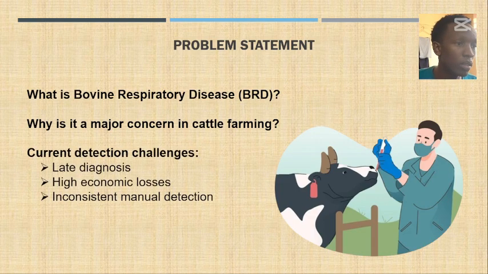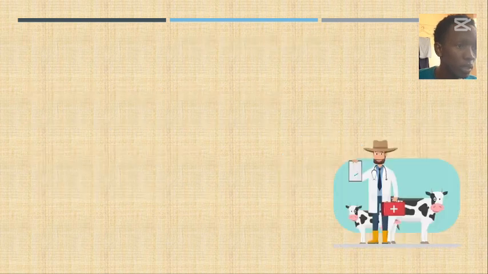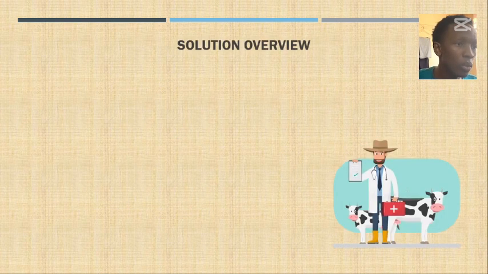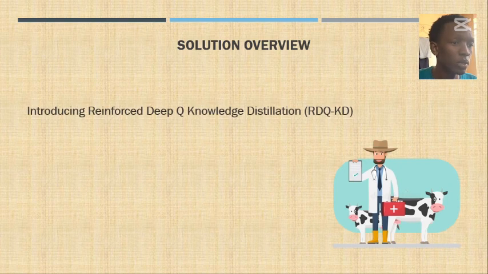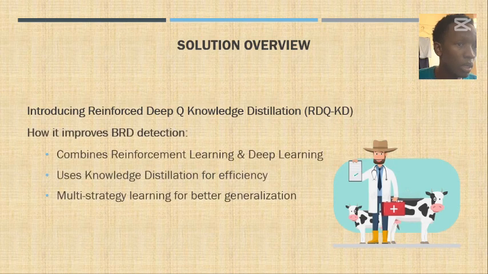The current detection challenges faced by farmers and the cattle industry are late diagnosis, high economic losses, and inconsistent manual detection. Among the solutions we are introducing is a reinforced deep Q knowledge distillation model to detect the signs early.